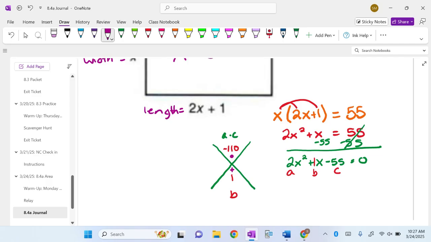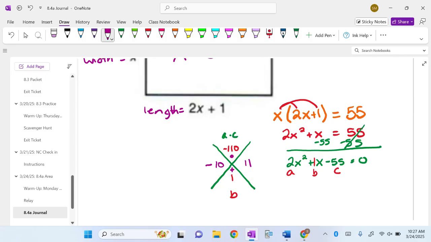So what's 110 divided by 10? 11. So if I have a negative product, that means one of the numbers has to be negative. So is it true that 11 and 10, if one of them was negative, would add to 1? Yes. Which one has to be negative if it adds to a positive 1? 10 has to be negative. So this would be 10. This would be 11.